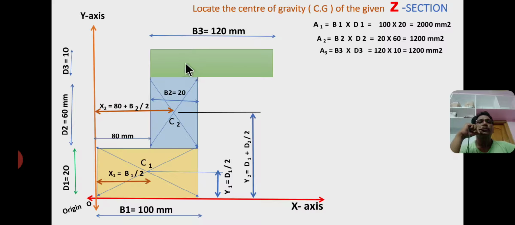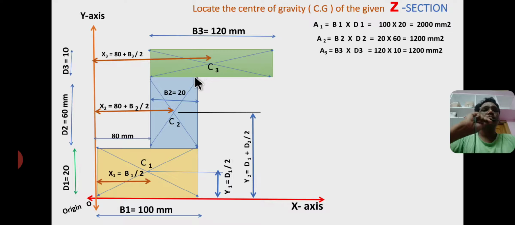Now I am drawing the diagonal lines for a third section. Now C3 is the centroid of a third rectangle. It lies at a distance of x3 from y-axis, that is gap 80 mm plus half of the base. Gap 80 mm plus b3 by 2 is the value of x3.